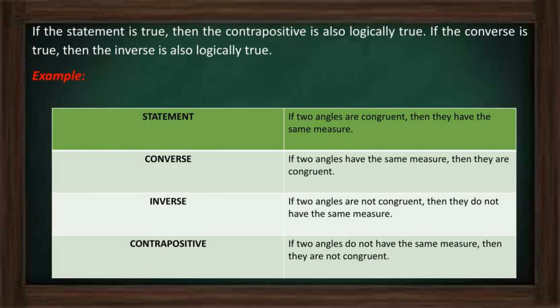This statement is also logically true because if the given two angles are not congruent, then they do not have the same measure. Therefore, this statement is true. Lastly, the contrapositive form. If two angles do not have the same measure, then they are not congruent. This statement is logically true because if two angles do not have the same measure, then they are not congruent.